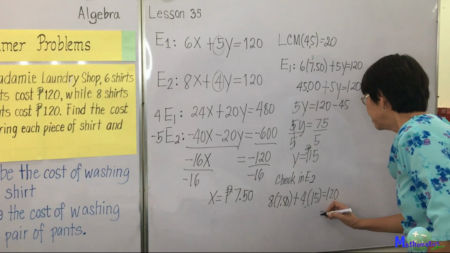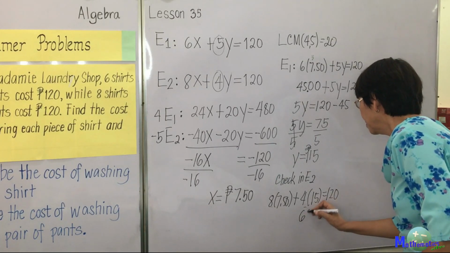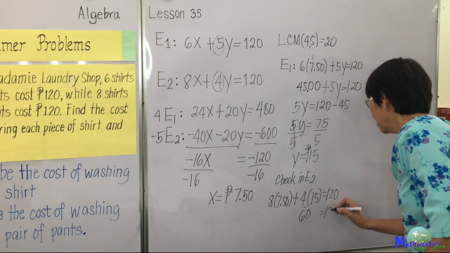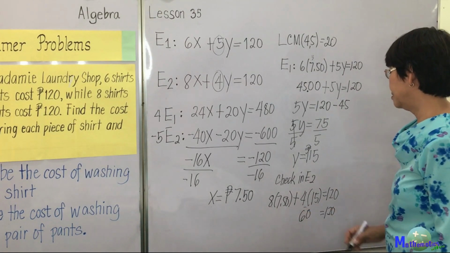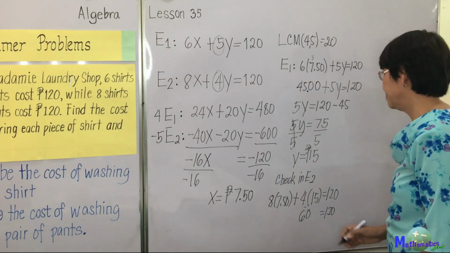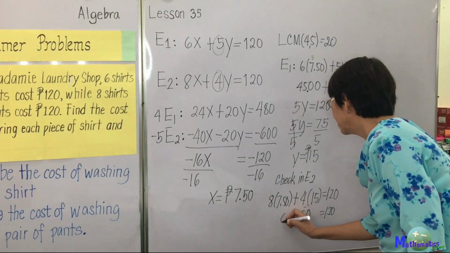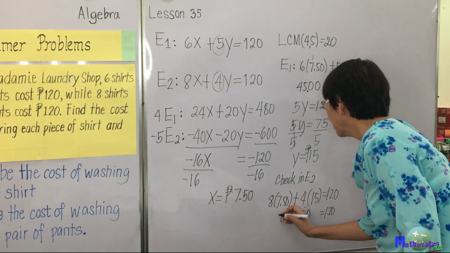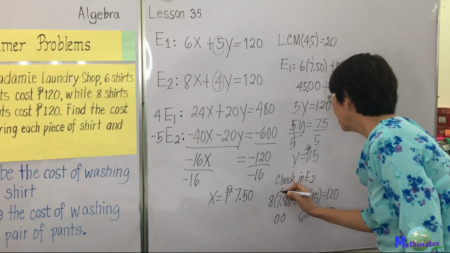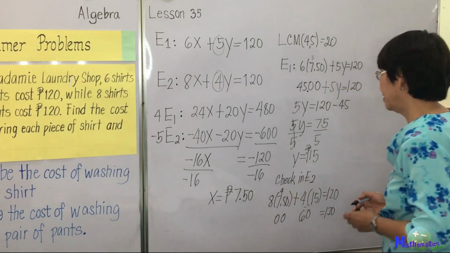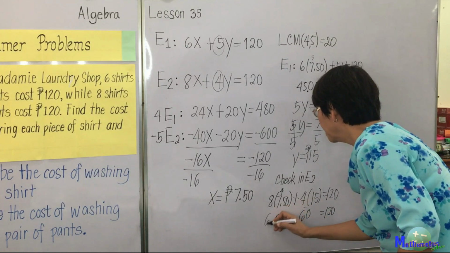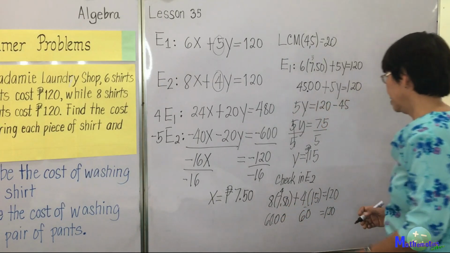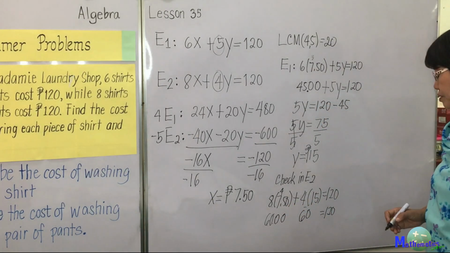So we have 8 times 7.50, so we have 60. 60 plus 60 is 120.